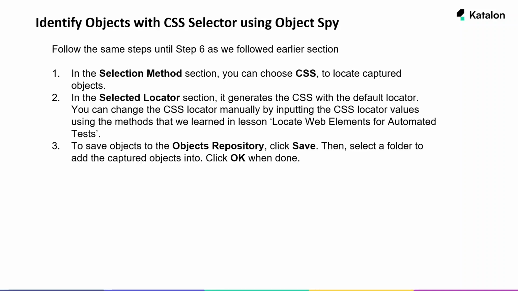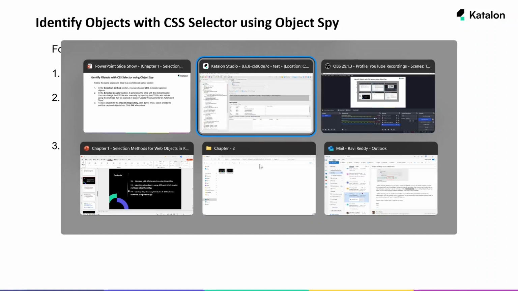But you can change the CSS locator manually by inputting the CSS locator values using the methods that we learned in a separate lesson called Locate Web Elements for Automated Tests. You can find this lesson in Katalon Academy that talks about different methods that we can use to create the CSS locator. So let us go back to our Katalon again now.